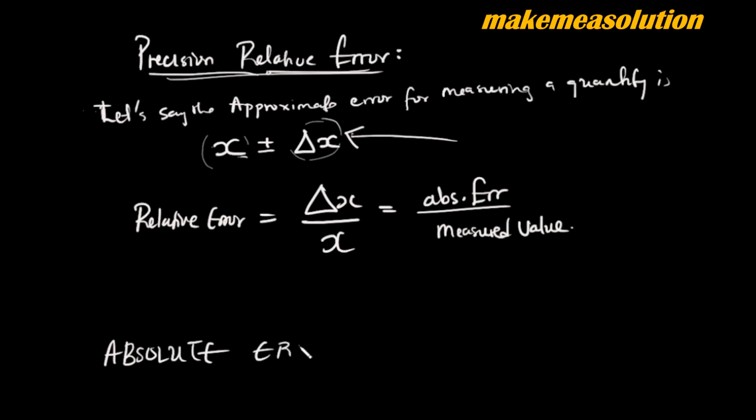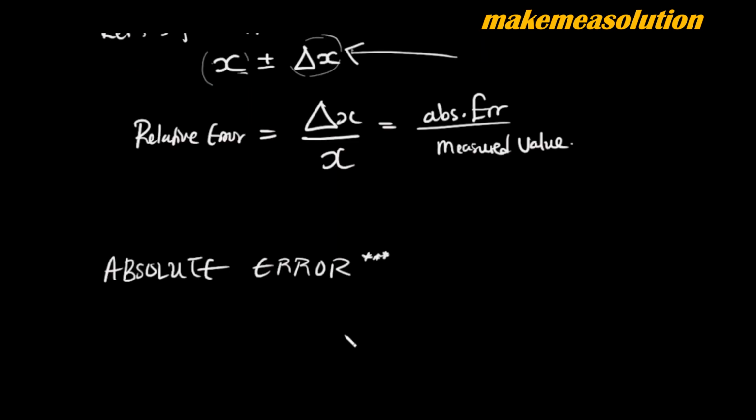Absolute error applies more to, should we call it, precision. The reason why you can immediately picture this is, remember when we were talking about precision, we're talking about how values actually deviate from each other.